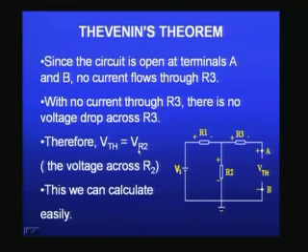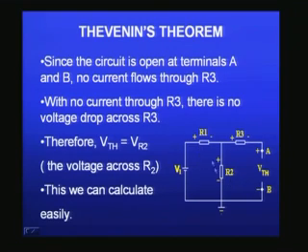V Thevenin is equal to VR2, the voltage across R2, and this we can easily calculate from this circuit, because you have a voltage source, you have two resistors, and you want to find out what is the voltage that will be developed across one of the resistors.